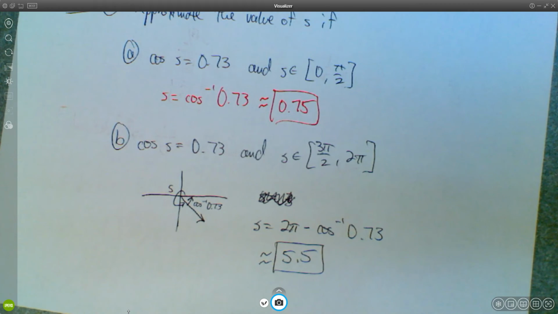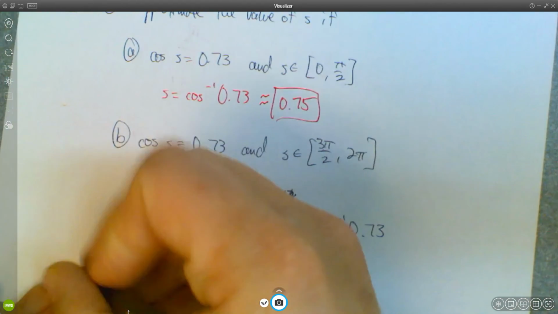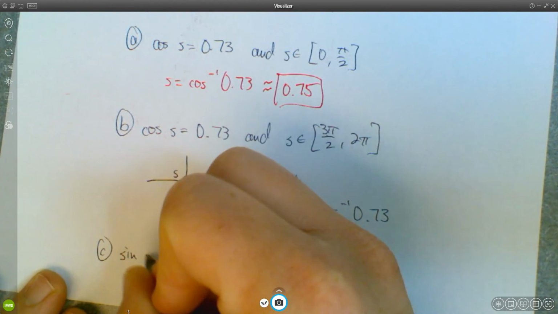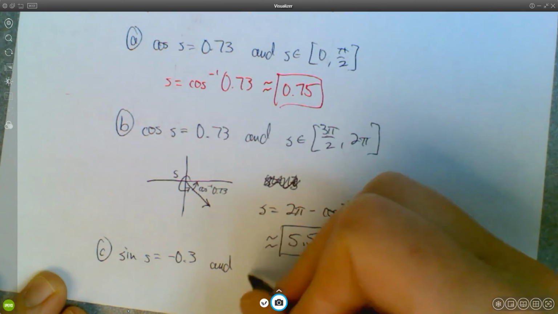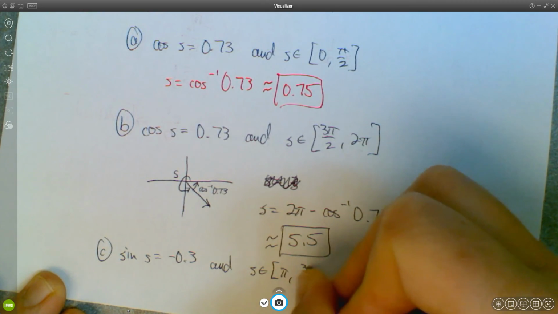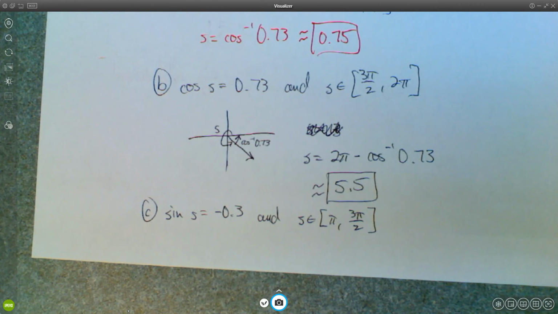Now just be careful. You're not always going to be subtracting by 2 pi. So let's do like sine S equals negative 0.3 and S is between pi and 3 pi over 2. Okay?